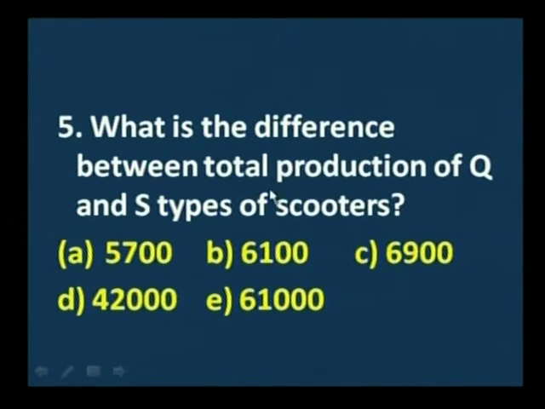So, total production means you take down the column totals for Q type and also for S type, and among these he is asking what is the difference between the total production. Just compute the difference and then that gives you the required answer.